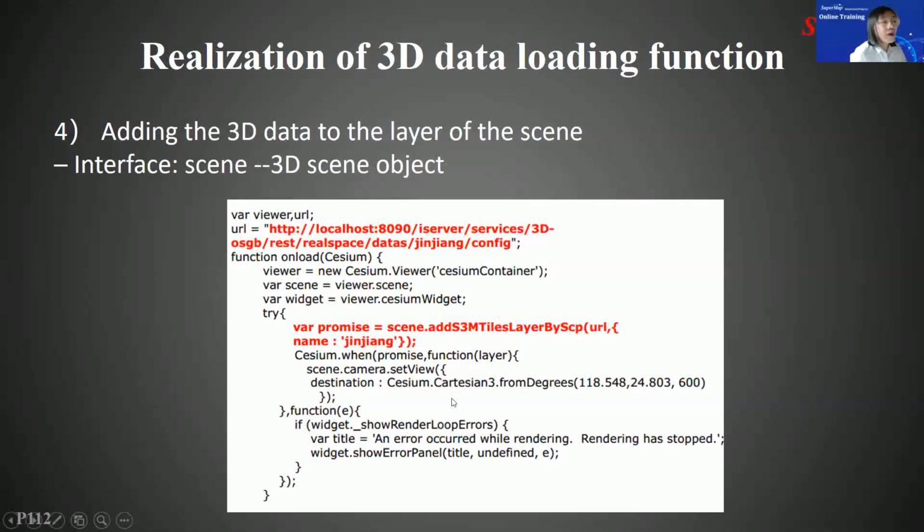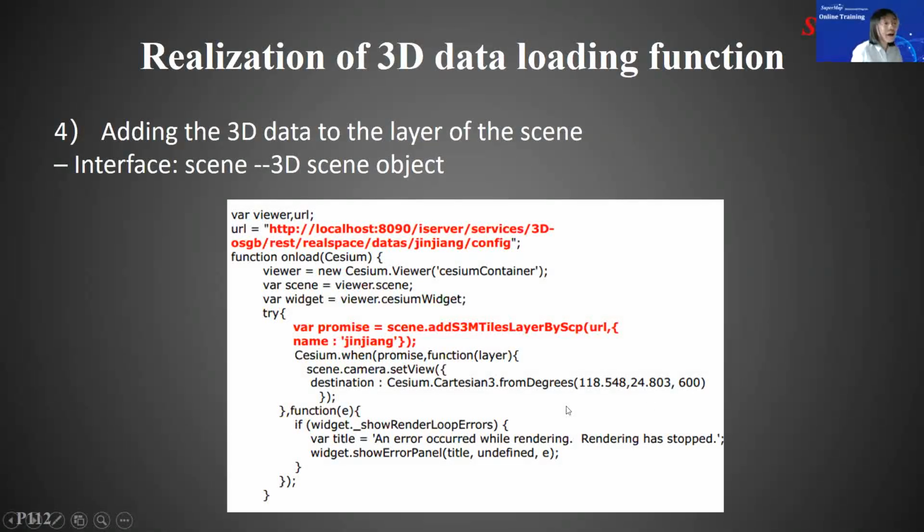So if we want to set our coordinates from degrees, we have to use fromDegrees, which converts the degrees to Cartesian coordinates. This is where the models are located. We have three parameters: longitude, latitude, and height, altitude.